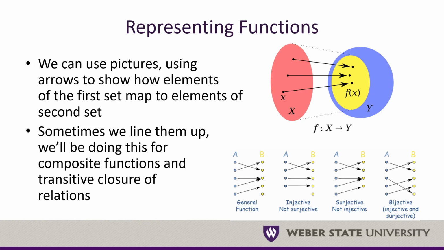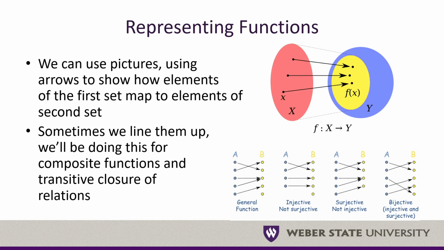For example, an injection, also called a one-to-one, is one where every element of set A maps to a unique value in the set B. So, in other words, for the general function I've got two elements in set A that map to the same element, the third element of the set B. So it does not have some unique value from the first set A that maps to it. But here in an injection, that is the case.